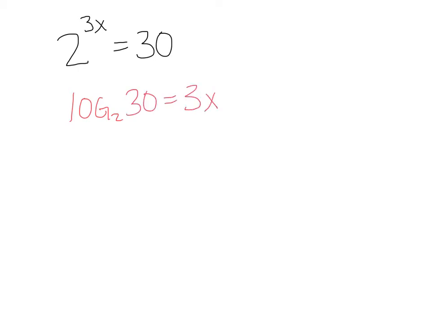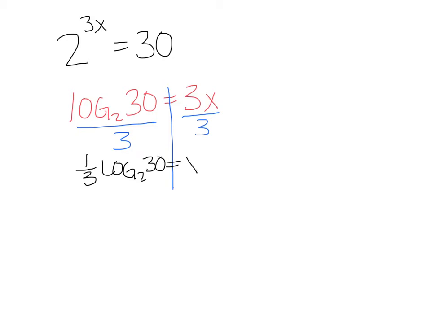Unlike the last example, we don't have x by itself, so we haven't finished solving this. Before we can say we're done, we have to isolate x. Using basic algebra skills, we divide both sides by 3. So we have 1/3 of the log base 2 of 30 equals x. Now that x is isolated, we're done. We have this problem solved.